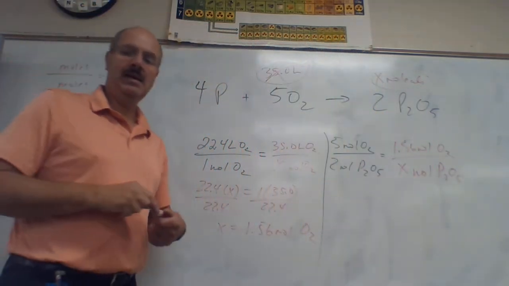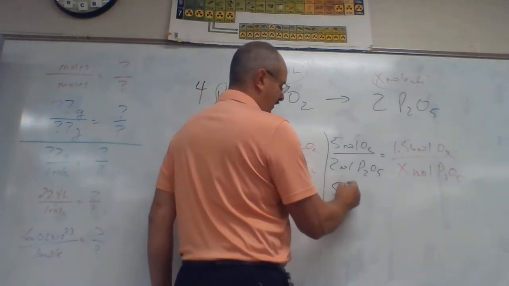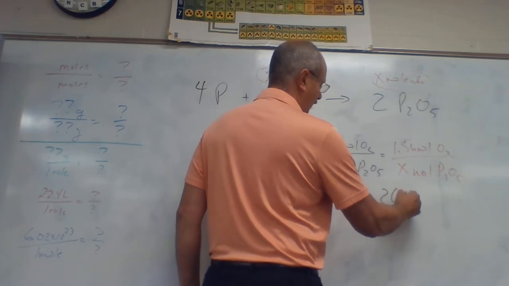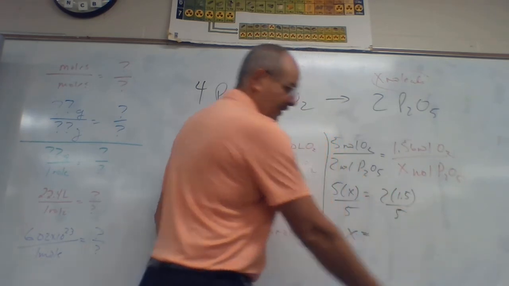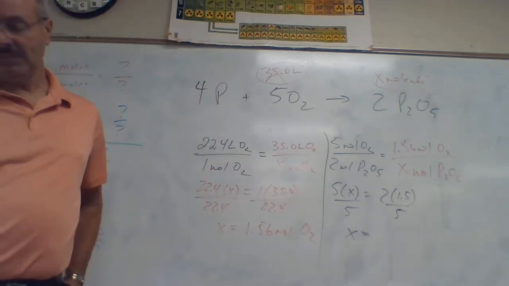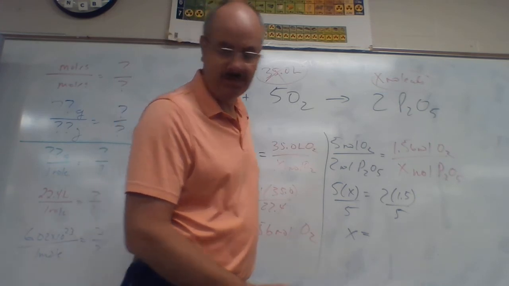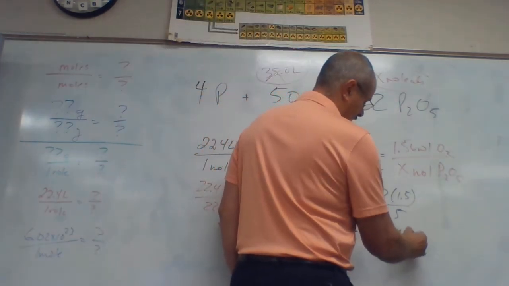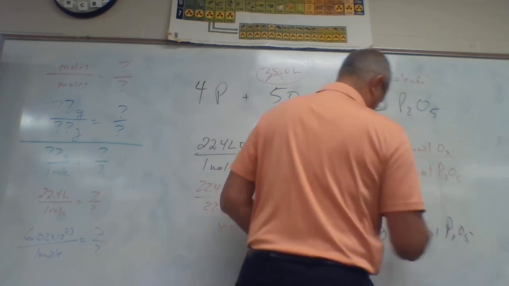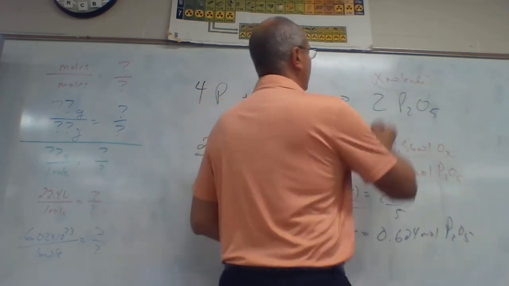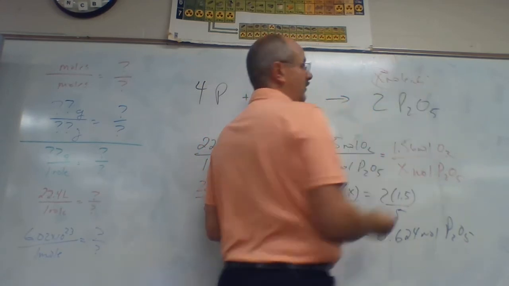Because I can't get straight to molecules yet. Cross multiplying, 5 times X equals 2 times 1.56. Divide by 5, divide by 5. X equals 0.624, and that's moles of P2O5.